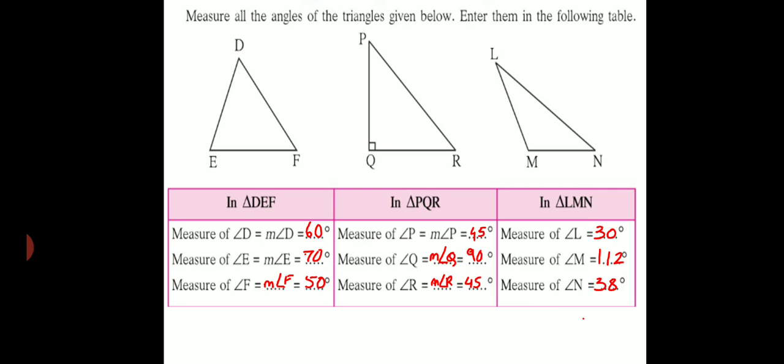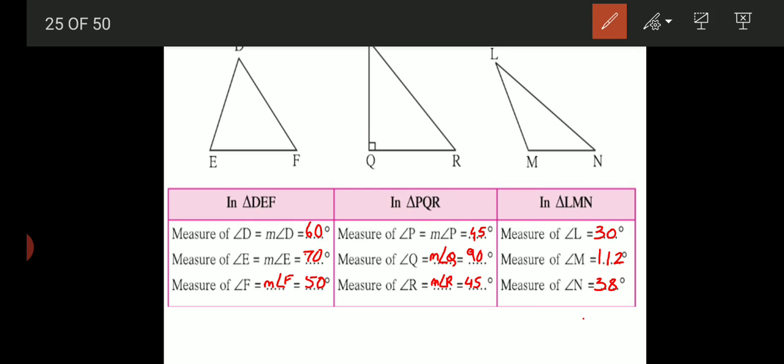of triangle it is. So now, if you take the first column, that is triangle DEF, you see all the measurements of the three angles, that is, measure of angle D, measure of angle E, and measure of angle F. What can you conclude, children? Because all three angle measurements are less than 90 degrees, we conclude that this first triangle DEF is an acute angled triangle.